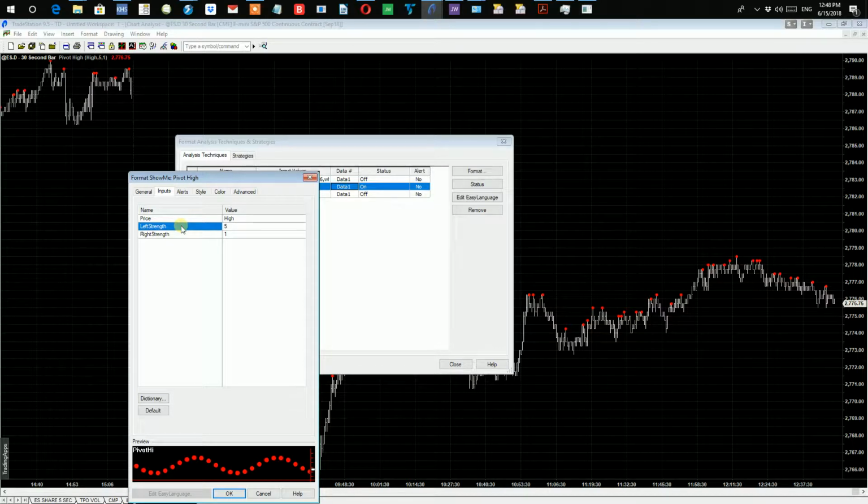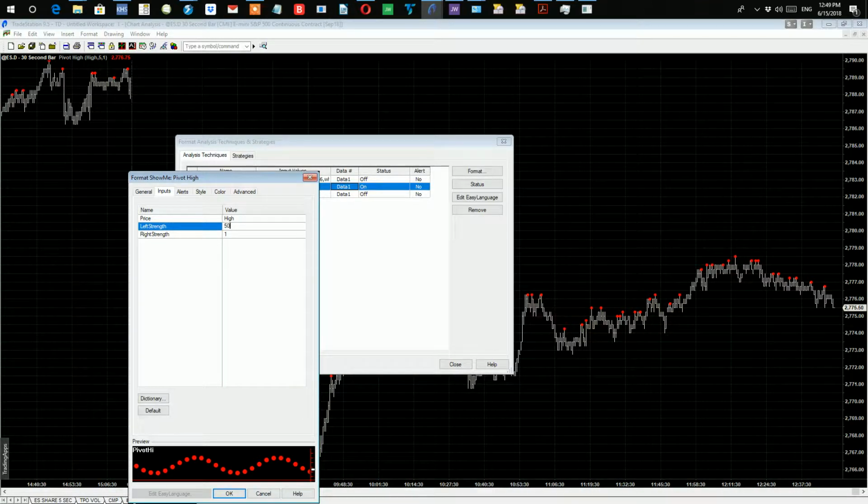So you have 10 bars that make up one 5-minute bar if you're using 30 seconds as your interval. A left strength of 5 would mean 10 times 5, or 50. So now our left strength on the 30-second bar is equal to a left strength of 5 on a 5-minute bar.